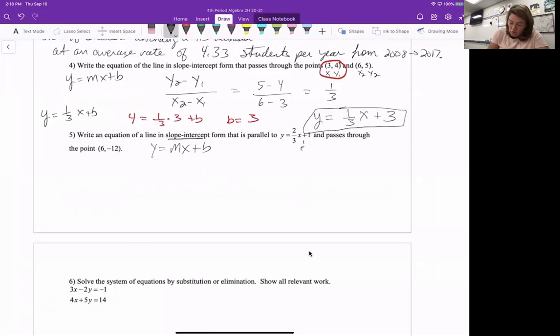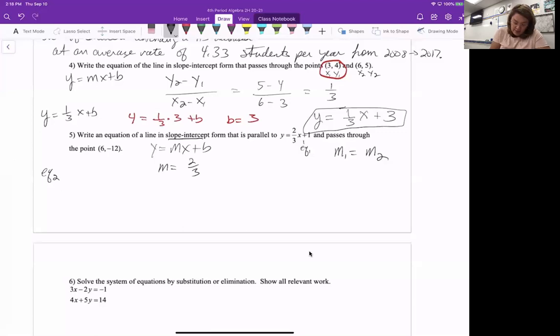So we'll call this equation 1, and then we'll call equation 2 what we're looking for, and we know that the slope of equation 1 has to equal the slope of equation 2. That's the definition of parallel. They have the same slope. So I know the mystery equation slope is what? So we know the slope is 2/3.